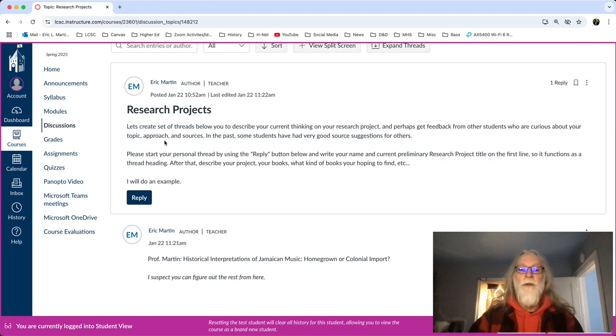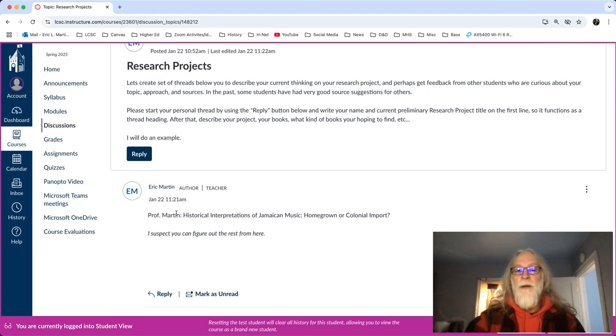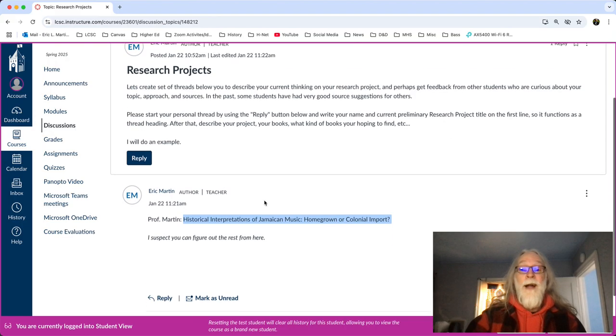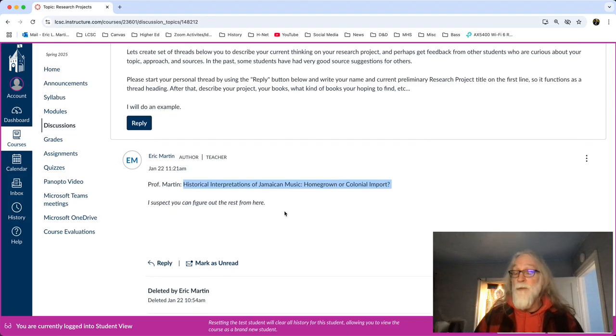So I want you to go in here, hit reply, put your name in, a kind of temporary title, and then describe your project, describe the books. Use this as a place to tell other people what you're doing, and then we'll see if we can get some feedback. And your ideas are going to change, and you'll be able to go back through this and change it up. Well, this is what I was thinking then, this is what I'm thinking now.